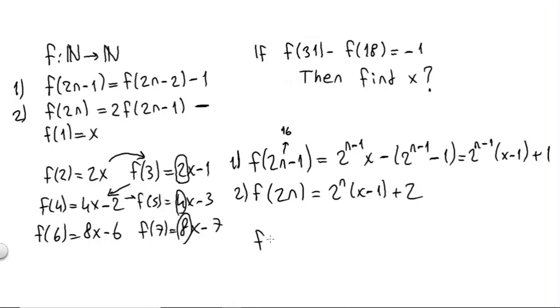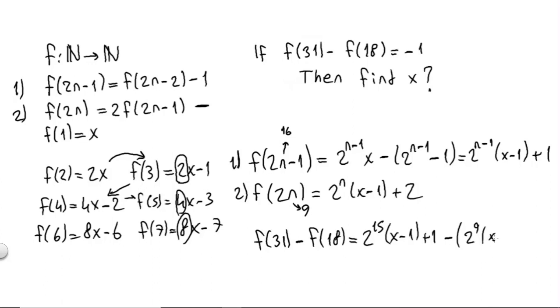So I can write the question: f of 31 minus f of 18 is going to be equal to, putting n equal to 16, 2 to the 15 times x minus 1, plus 1, minus, and to get 18, I need to put n equal to 9 in this equation, so it's going to be 2 to the 9 times x minus 1, plus 2.